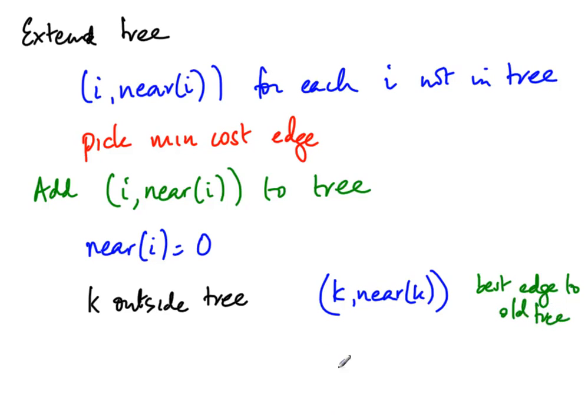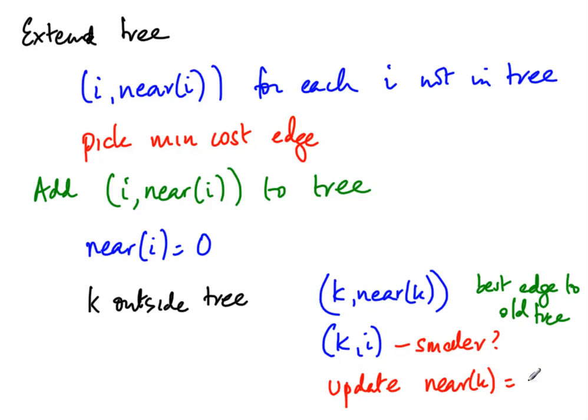So to this we have to compare the cost of the edge from k to I, because now I has been included in the tree, and if this is smaller, then we update near of k to be equal to I. So now there is a better way to get from k into the tree by the new vertex I which we have just added. So with this, let us take a look at the pseudocode for Prim's algorithm.